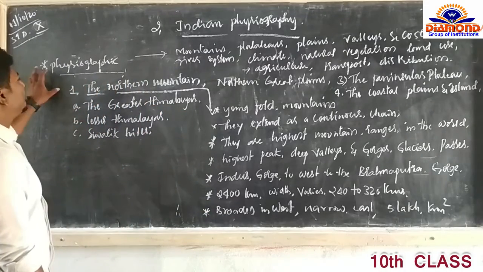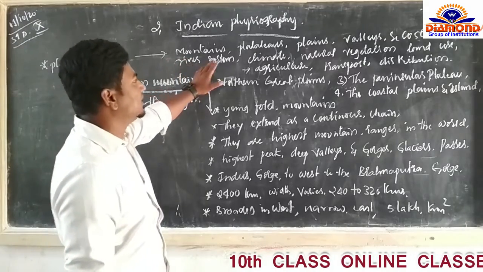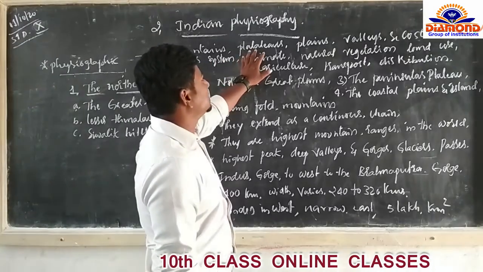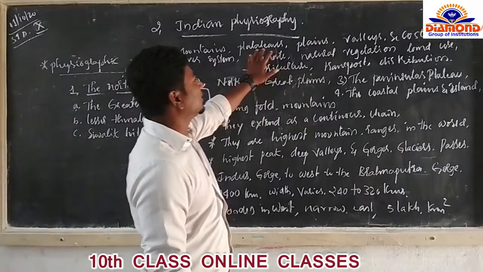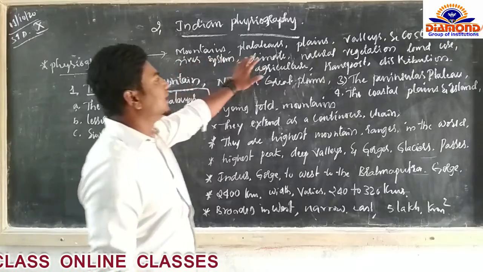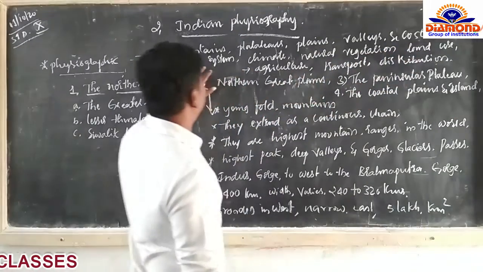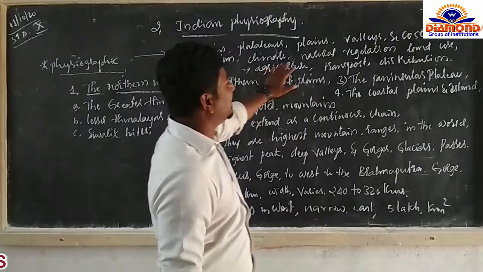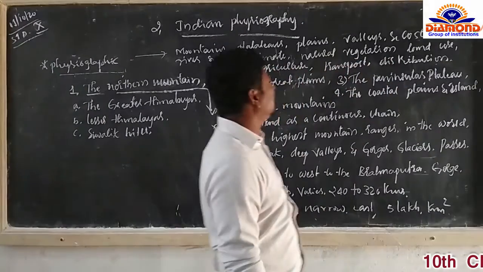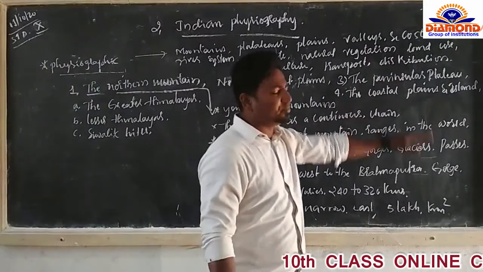Let us take physiography. It contains mountains, rivers, plains, plateaus, valleys, and coastal areas, and also climate, natural vegetation, and land used for agriculture, transport, and distribution.